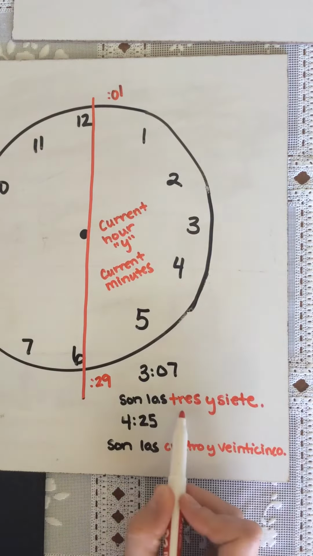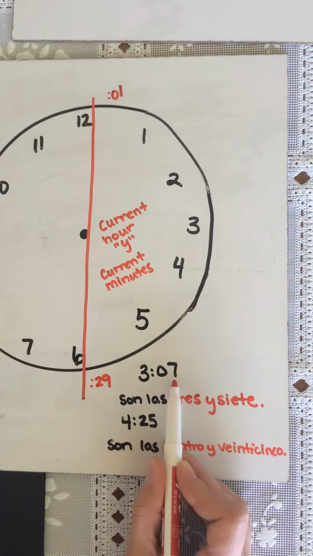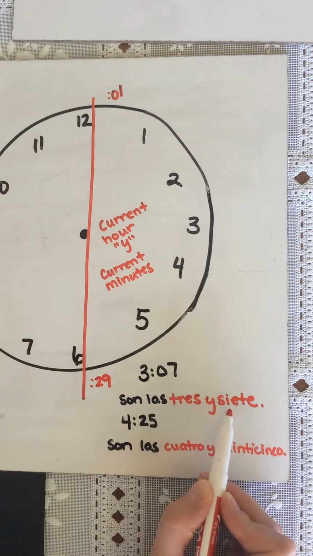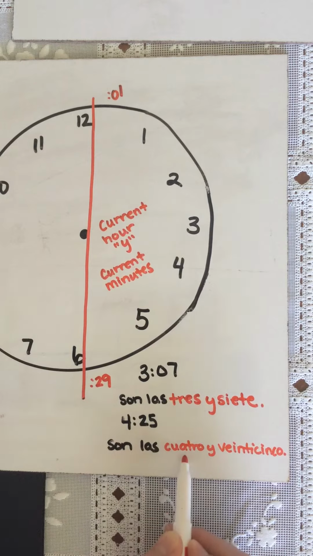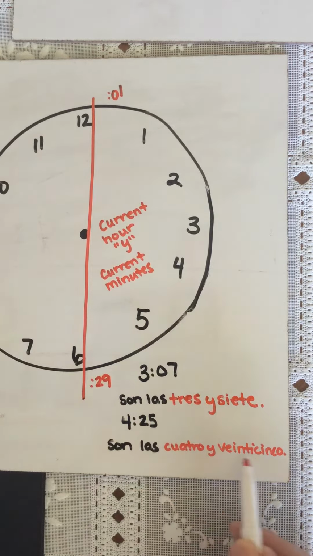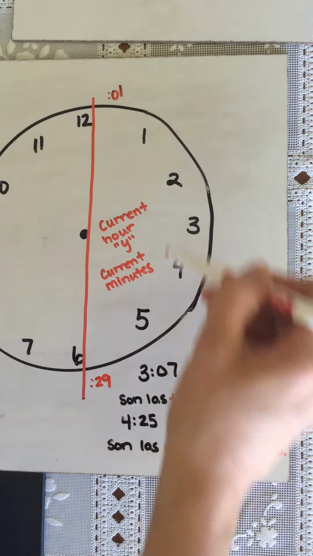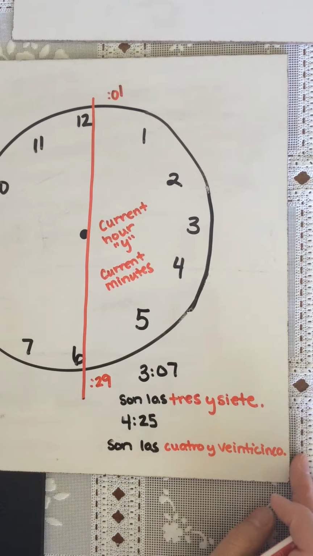So you see we have the current hour, tres, and the current minutes, siete. Same thing here, we have the current hour, cuatro, and current minutes, 25. So that's what to do if the minute hand is on this side of the clock. We only look at the minutes for that.